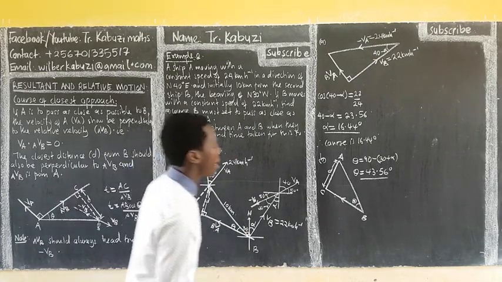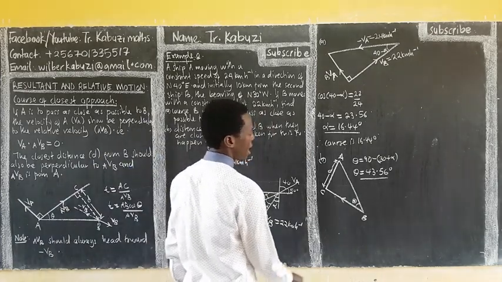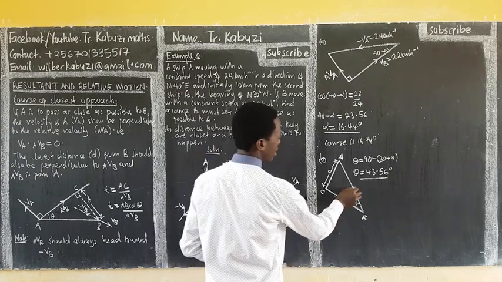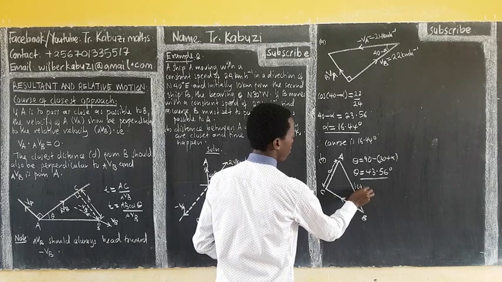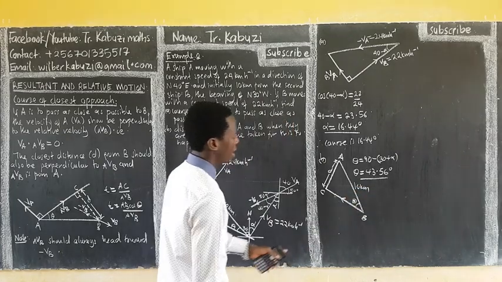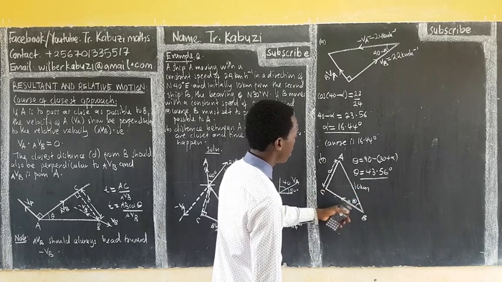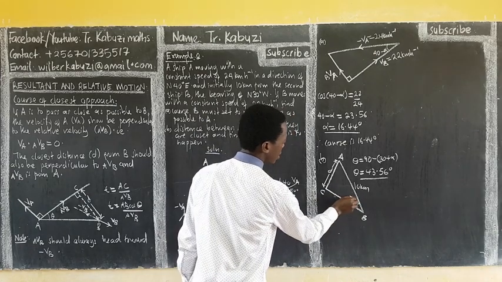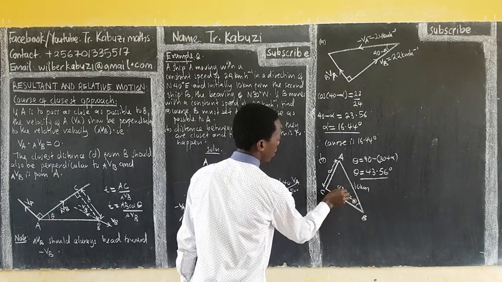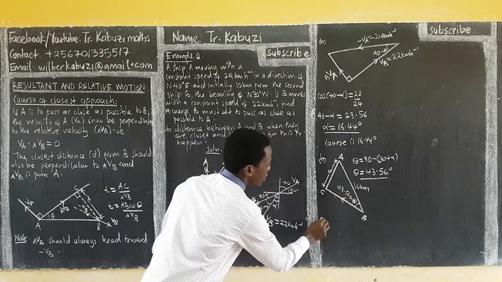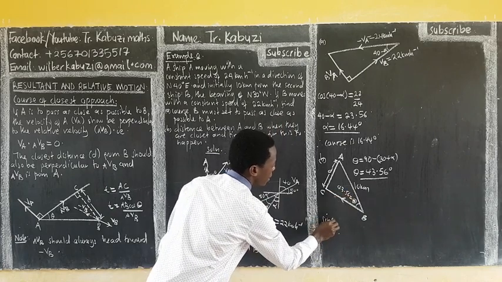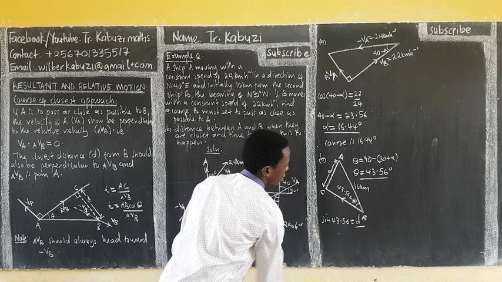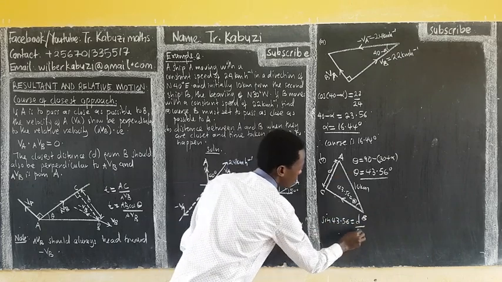Now that I have theta, remember the distance between them is 10 kilometers. So I have that, and I need this distance. This is opposite, this is hypotenuse, and I have this as 43.56. So you can see that sine of 43.56 is equal to the opposite over the hypotenuse, which is 10.